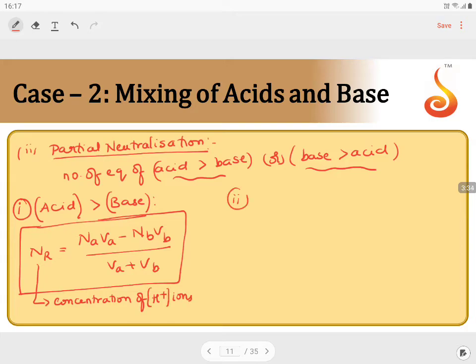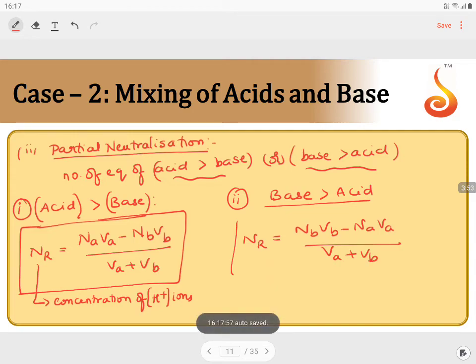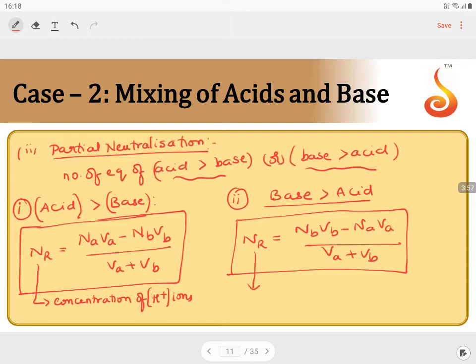Similarly, in the second case, if base is greater than acid, then the resultant normality equals (Nb Vb minus Na Va) divided by (Va plus Vb). This represents the concentration of OH minus ions, and the resultant solution will be basic in nature.